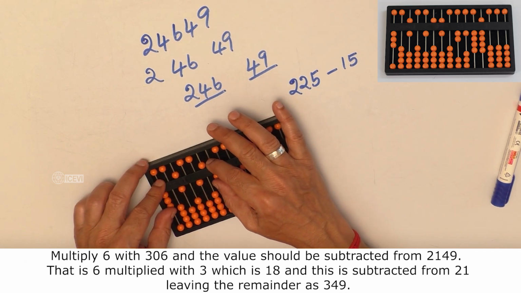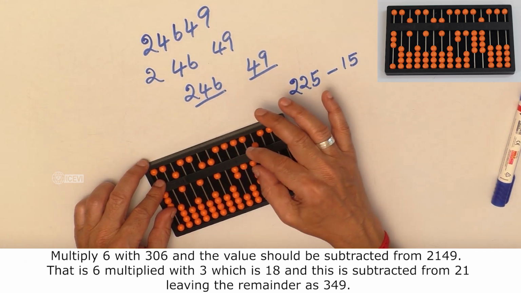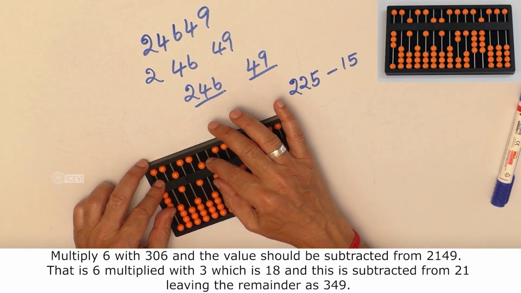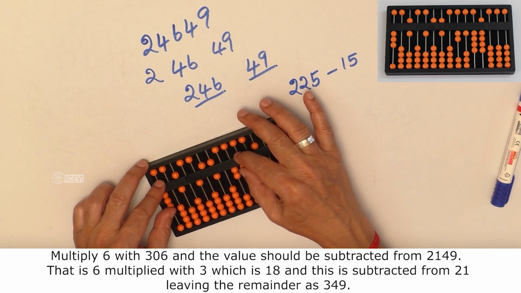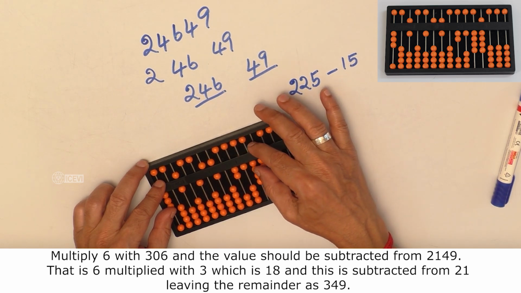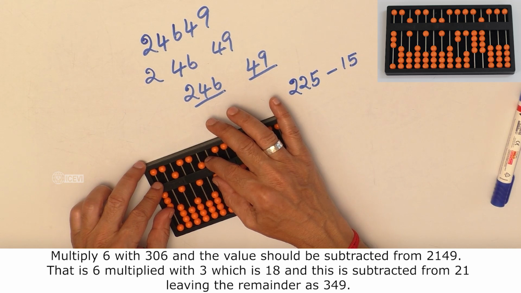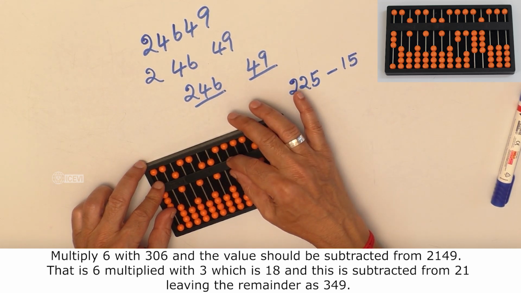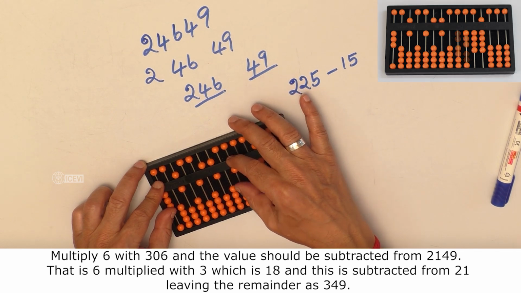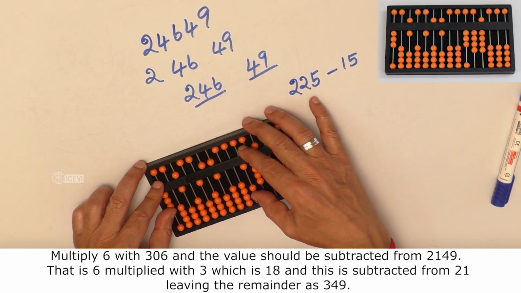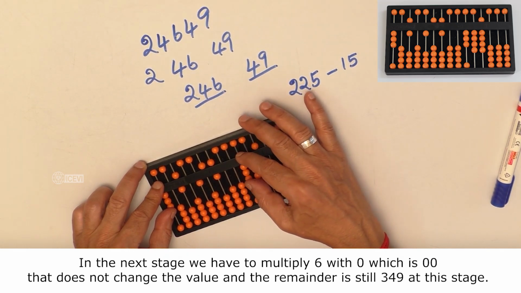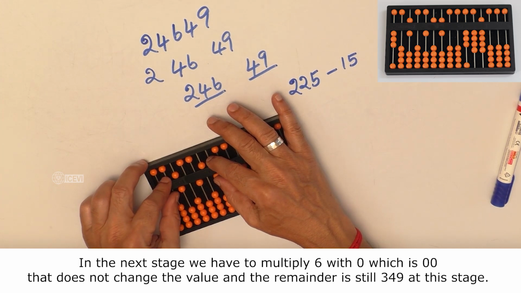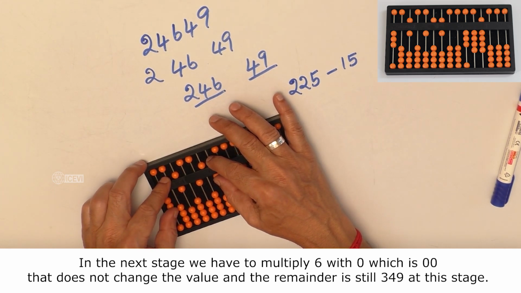Now multiply 6 with 306, and the value should be subtracted from 2,149. That is, 6 multiplied with 3, which is 18, and this is subtracted from 21, leaving the remainder as 349. In the next stage, we have to multiply 6 with 0, which is 00.